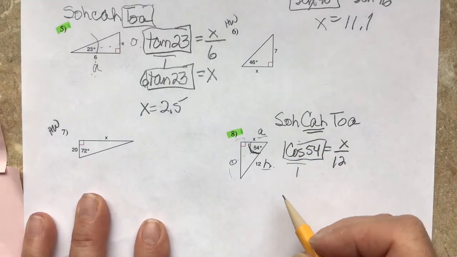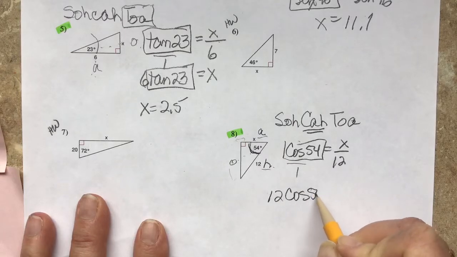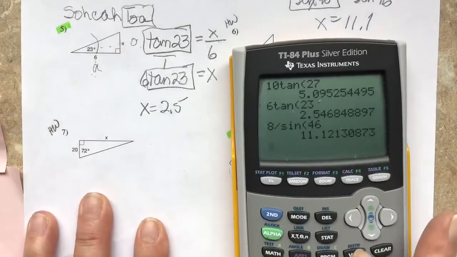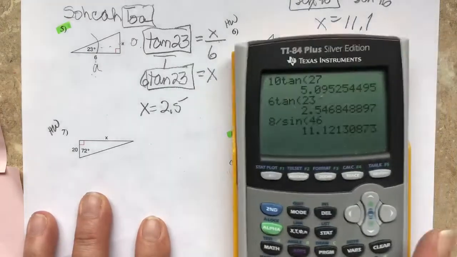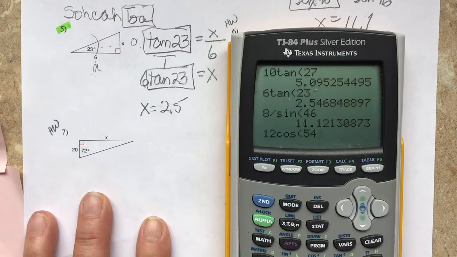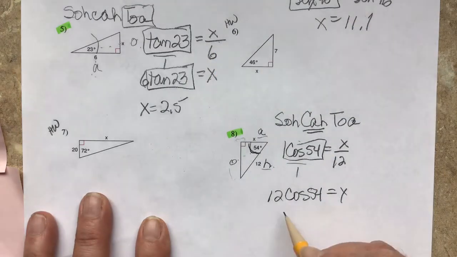So I'm going to cross multiply, and I'm going to get 12 cosine 54 equals x. I'm going to go to my calculator. 12 cosine 54 and hit enter. And that should be 7.1.